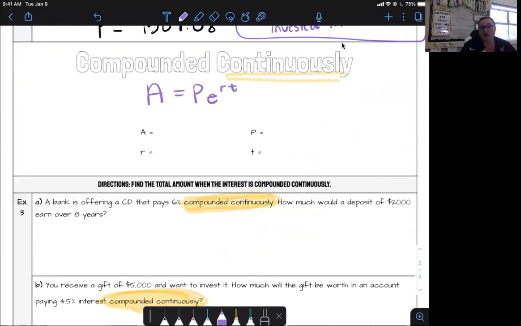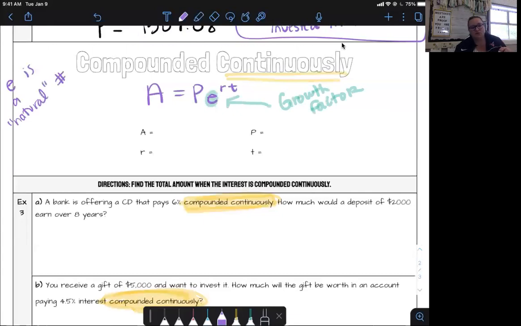So anytime you have compounded continuously for your interest, your growth rate or your growth factor is e. e is your growth factor. And e is actually a natural number.